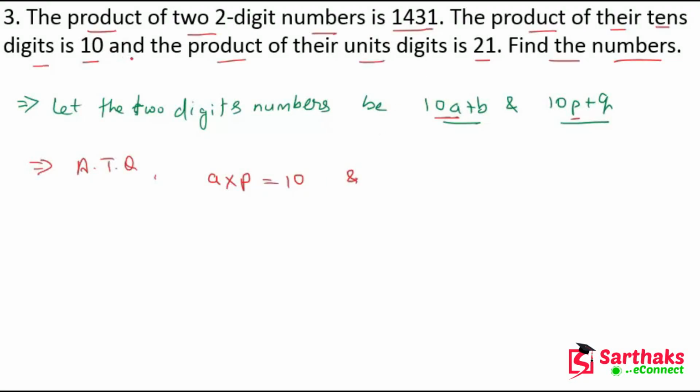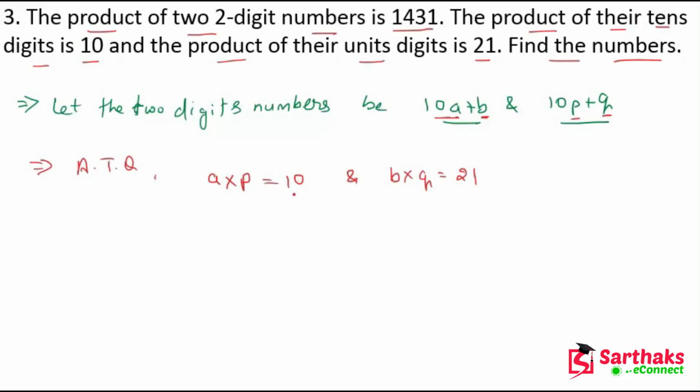And again, the product of their units digits: this is the unit digit, so b into q is 21. So we have two conditions: a into p is 10 and b into q is 21.